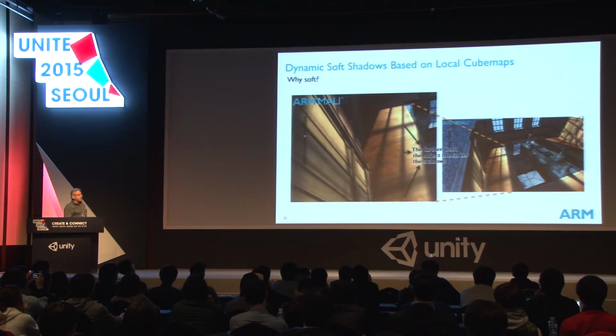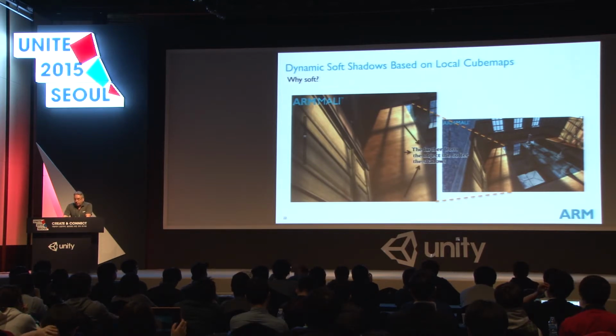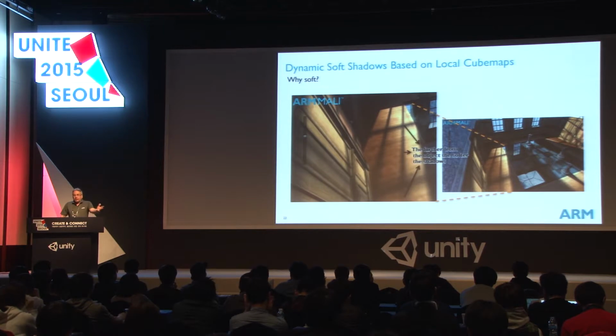Another important property of the shadows that our technique can reproduce is the softness of the shadows. Our technique can produce penumbra shadows. This property of the shadows is related to the fact that the farther from the object that generates the shadow, the softer the shadows that we can see in real life.